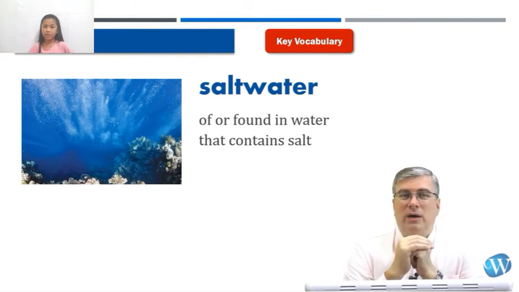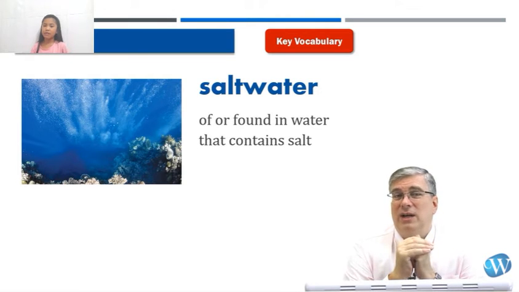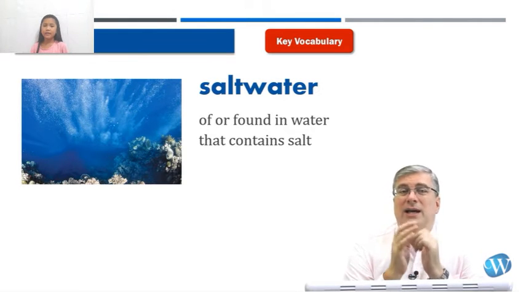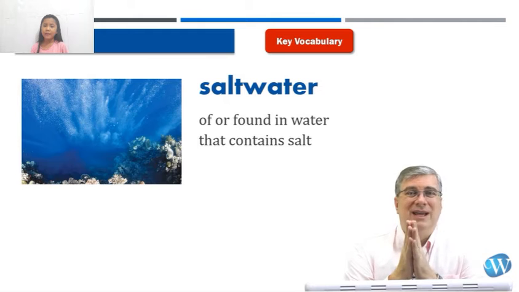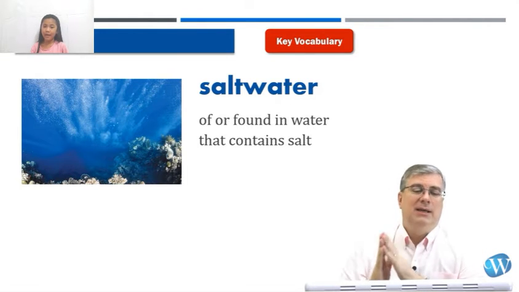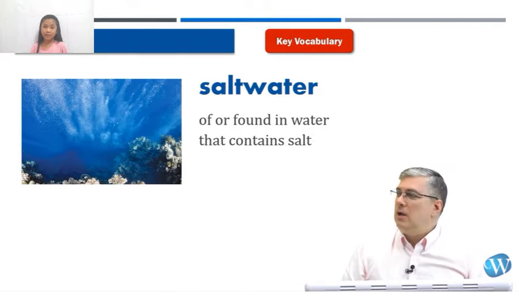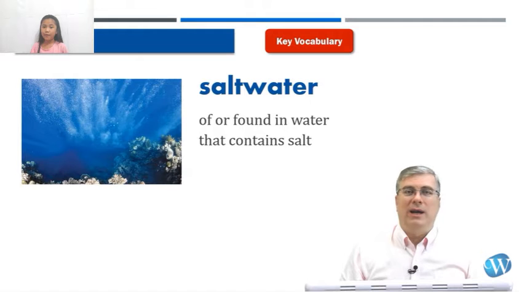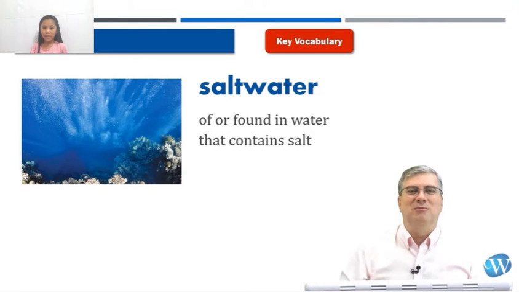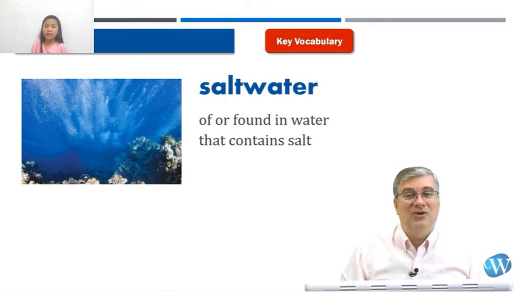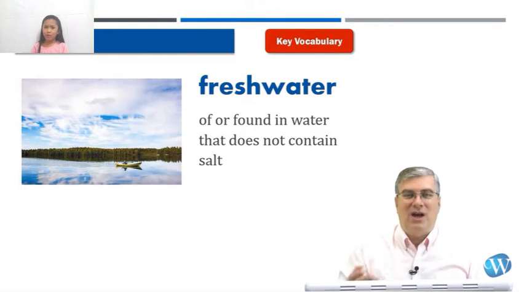Most of the oceans, if you taste the water, it is salty. You cannot drink ocean water because it has too much salt and it's not good for your body anyway. The famous sailor said, water everywhere, and not a drop to drink, right? So if you're sailing on a boat, make sure you bring fresh water with you. You can't drink salt water, okay?